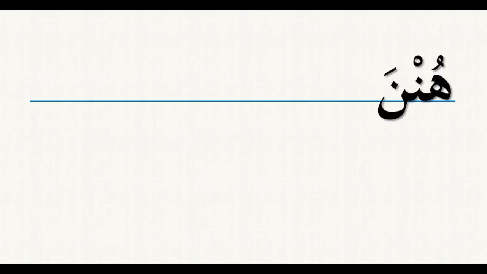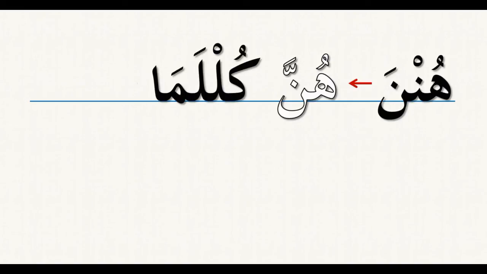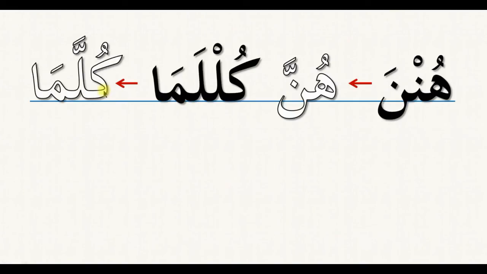Here you have two more examples. H-U-N, hun, and na, hunna. And here you have K-U-L, kul, L-A, la, M-A-A, ma, kullama.